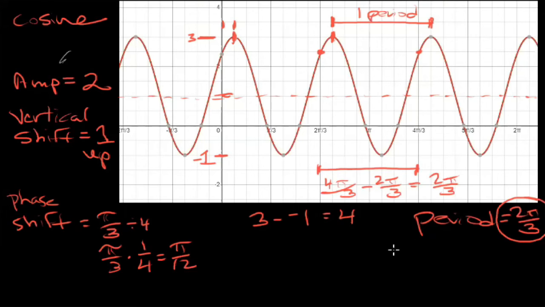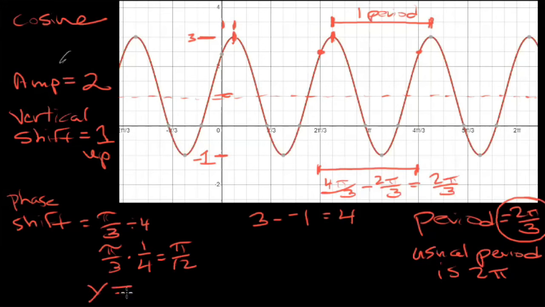Well, the usual period of cosine is 2 pi. That means that we've divided our period by 3. And if you remember back, horizontal always lies to you. So if you're dividing by 3, your equation is going to look like it's multiplying by 3 because horizontal always lies to you.